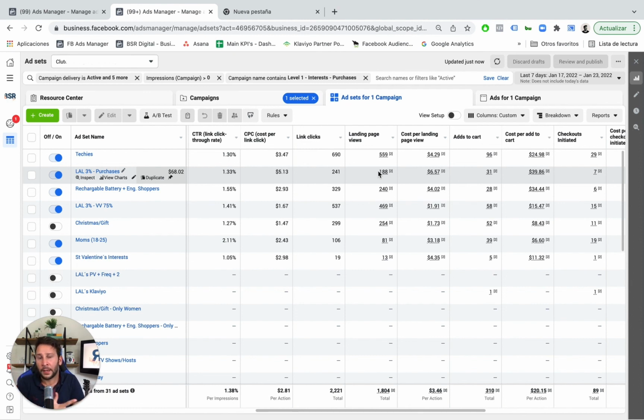That's one thing. Then with another client, we discovered something stranger, but it happened more than once. In this case, there was a dip in performance from checkout to purchases, and everything was going fine, like 50% from cart to checkout. It was really good, but then people abandoned before buying. So we were wondering why.